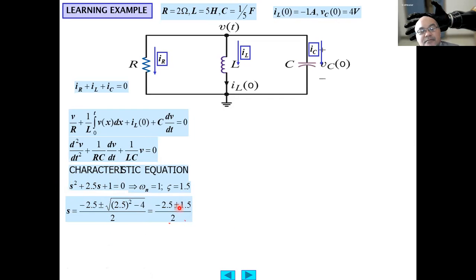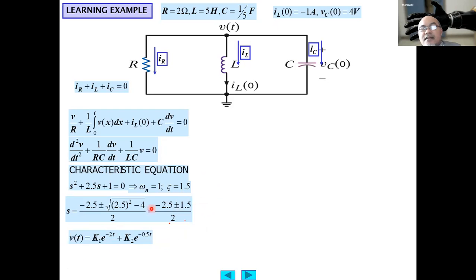So we obtain minus 2.5 plus or minus 1.5, over 2. Zeta is larger than 1, so we have the overdamped case. The first root is minus 2.5 plus 1.5, which is minus 1, divided by 2, so minus half. The second root is minus 2.5 minus 1.5, which is minus 4, divided by 2, so minus 2.